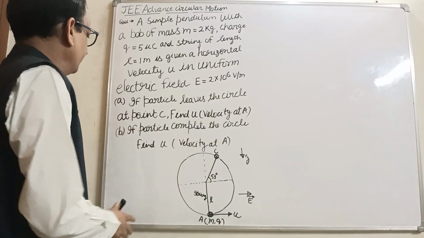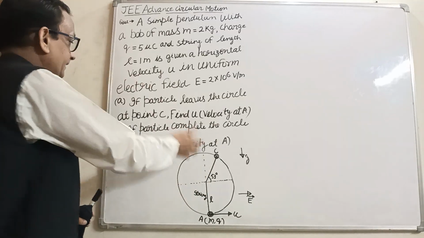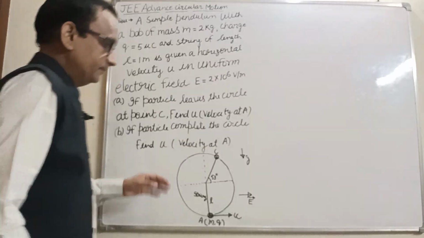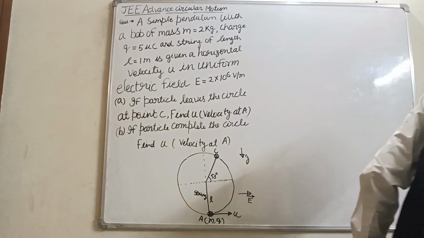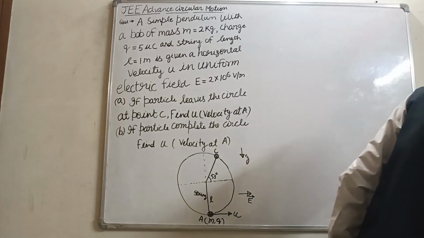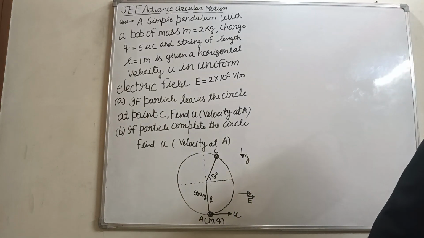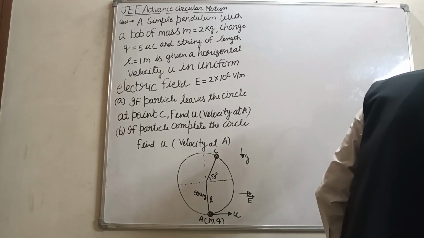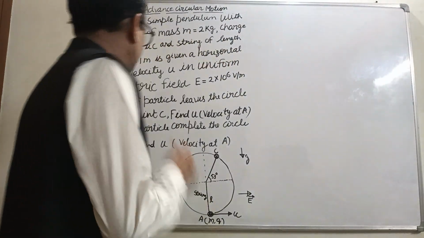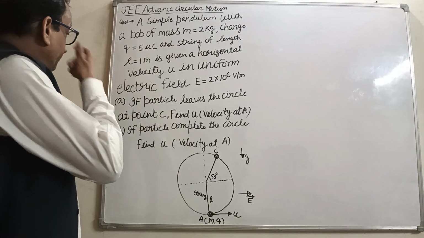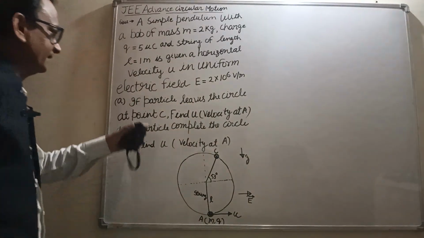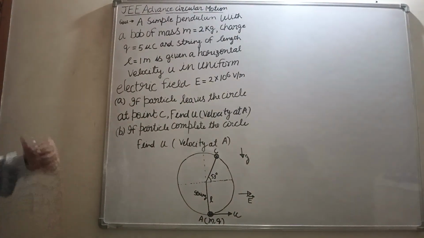In this scenario we have to calculate the initial velocity of the object. What would be the initial velocity? For the first condition, if the particle leaves the circle at point C, find u.